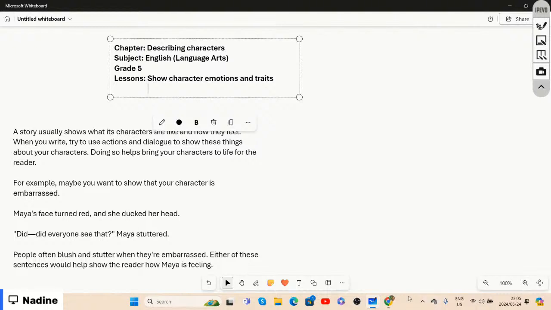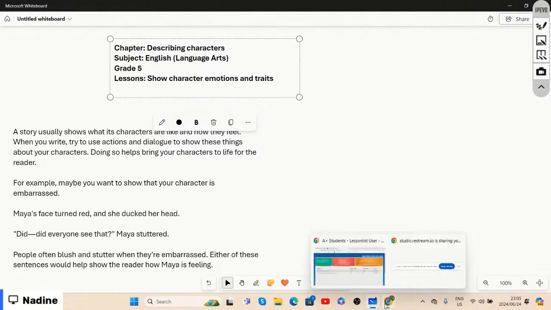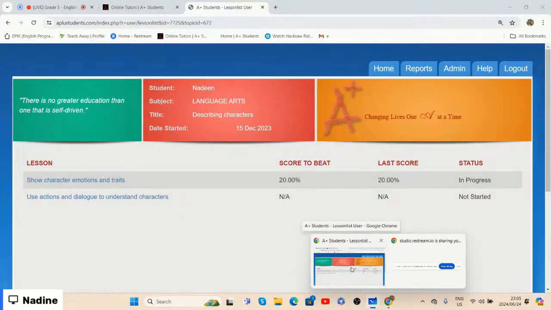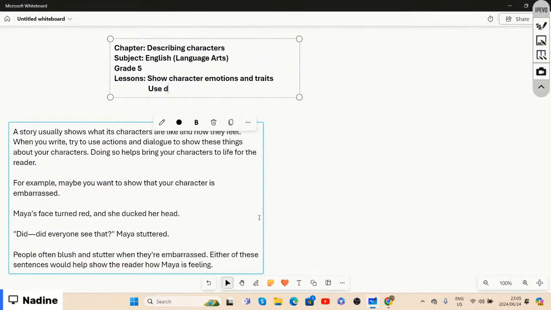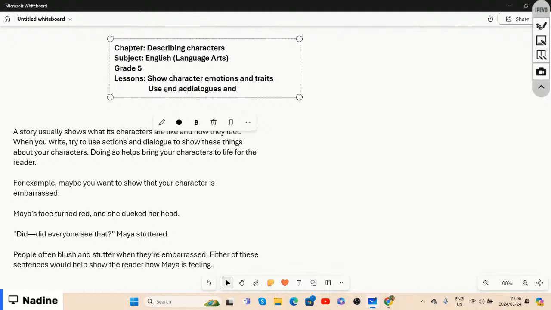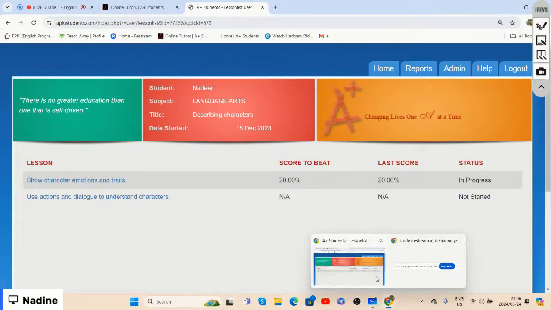And the lessons that we're going to be focusing on under the chapter of describing characters are to show character emotions and traits, and to use actions and dialogues to understand characters.